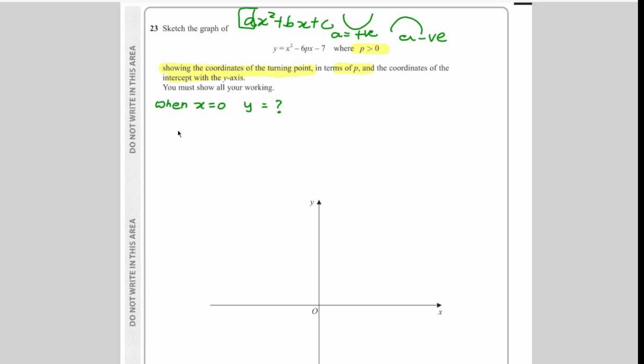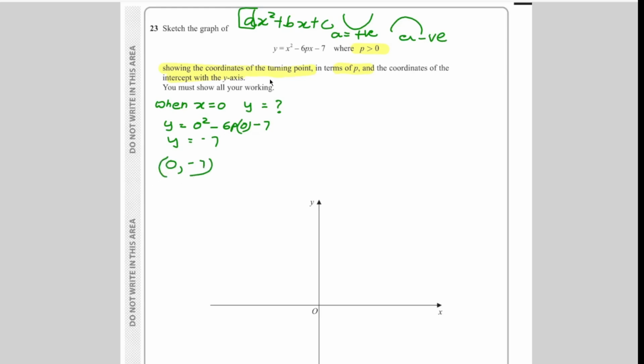So y equals 0 squared minus 6p times 0 minus 7. So y equals minus 7. Then the y-intercept becomes 0 comma minus 7. So we have the y-intercept.